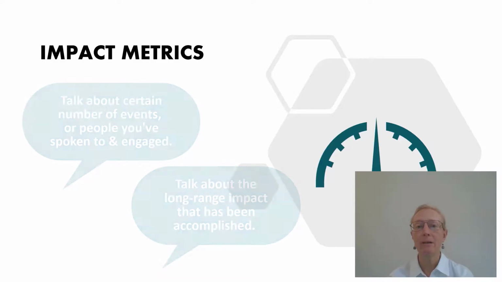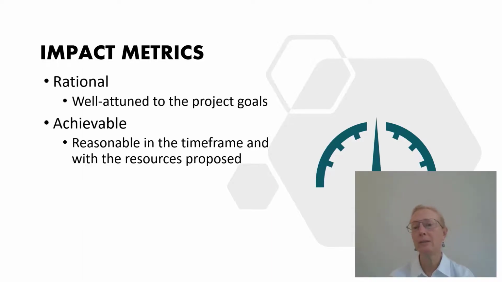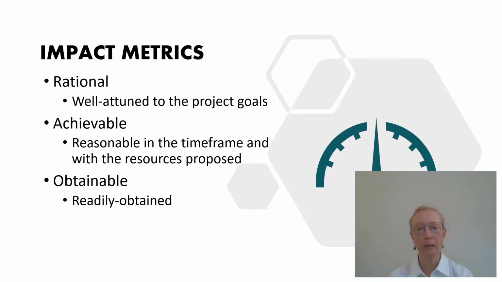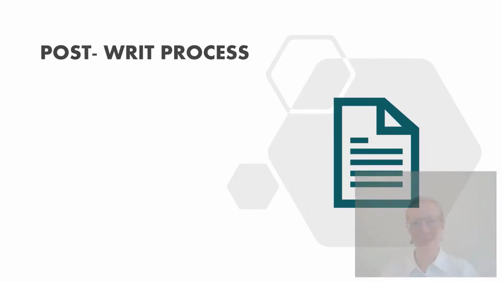You need to have rational impact metrics that are attached to the program goals, achievable metrics that are reasonable within the time frame of the proposal, obtainable metrics that can be requested of your clients, that can be given in both the immediate time frame and also in the long run, perhaps in a longitudinal survey that might be accomplished after the end of the proposal time frame itself.